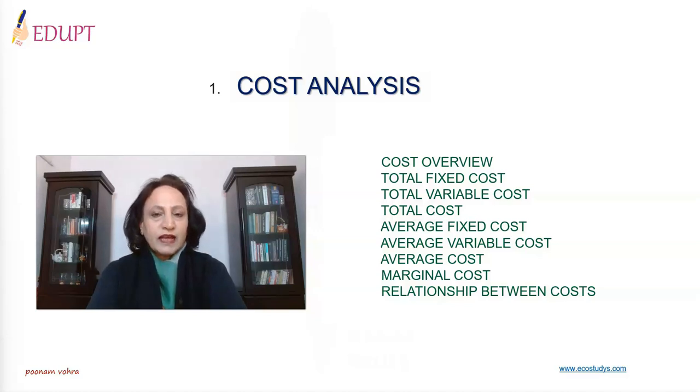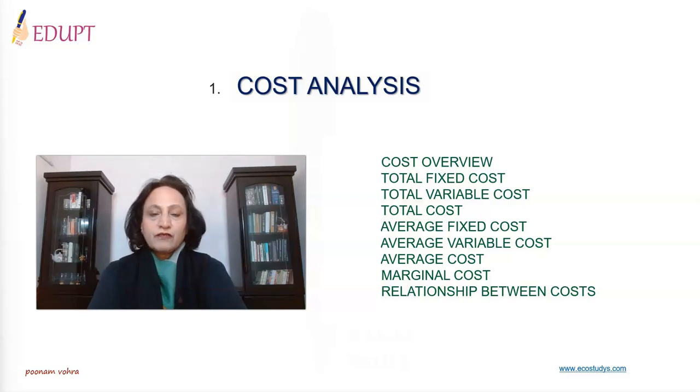So to understand the relationship between output and cost, one has to be clear about various types of costs that are incurred. So from now onwards, cost analysis will be discussed, and these various costs are explained through various chapters.